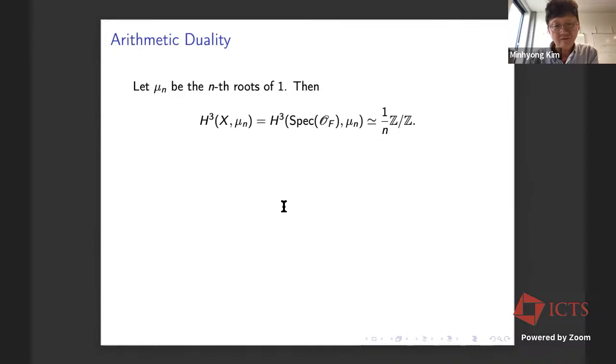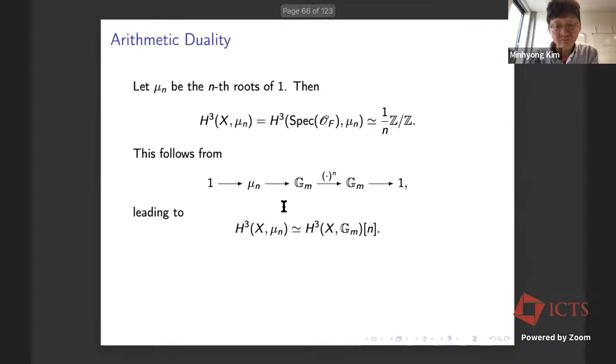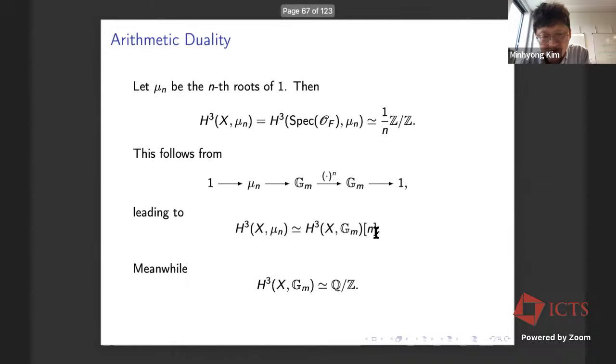And this just comes from the usual class field theory computation where you consider this. Yeah, I guess for this discussion, I should make it the fppf for this to be an exact sequence. Anyways, if you do this, you'll find that H3 with coefficients in mu n is just isomorphic to the n torsion. There's some further vanishing theorem that kicks in, and then it becomes the n torsion of the H3 of Gm.